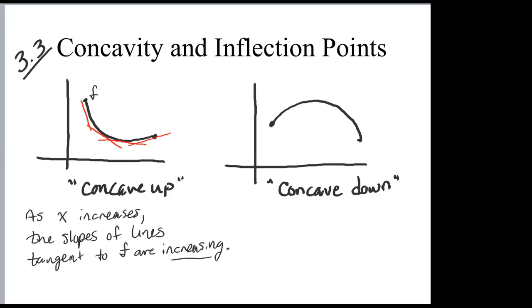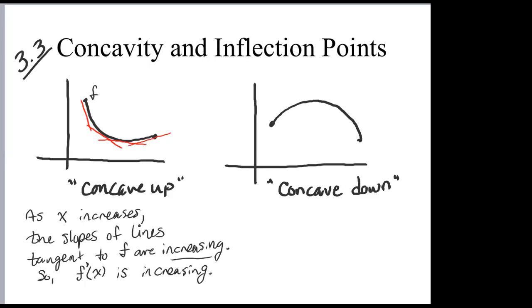If the slopes of the lines tangent to the graph are increasing, this means that the derivative, which represents the slopes of the tangent lines, f prime of x, is increasing. Not negative, but it is increasing.